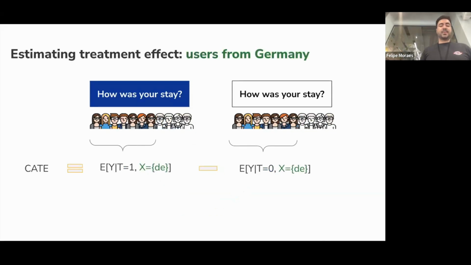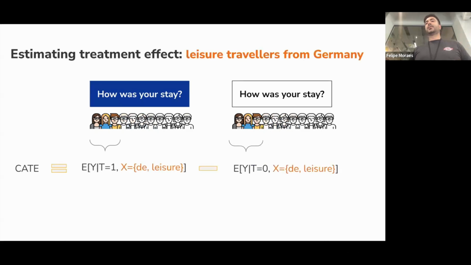Now, back to the definition of CATE, which is the condition where you condition this expectation, and here we condition the expectation on users from Germany, right? We want to know the specific effects on these users. We can go a little deeper on this condition. We can say we want to measure the effect on leisure travelers from Germany.